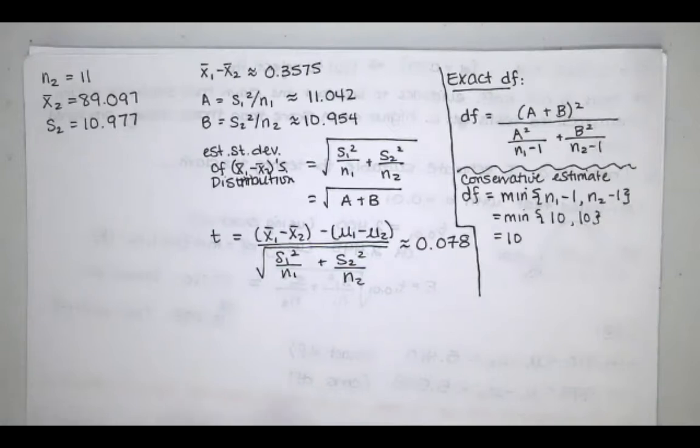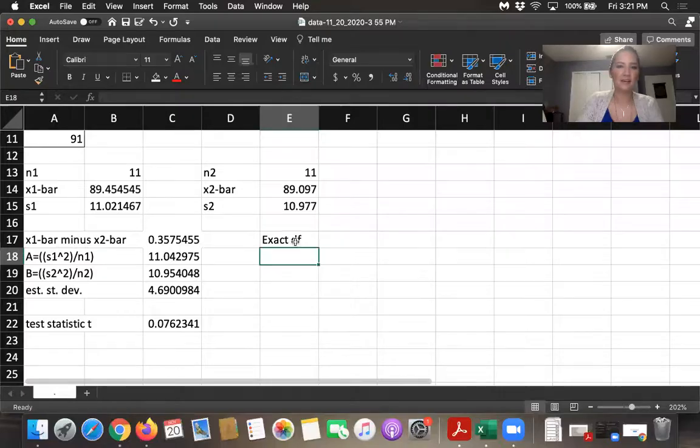So let's go to Excel and compute the exact degrees of freedom, and then use this number of degrees of freedom and this number of degrees of freedom to get the corresponding p-values, and then we'll see how similar they are. Okay, for my exact degrees of freedom, I'm going to do the numerator and denominator separately.